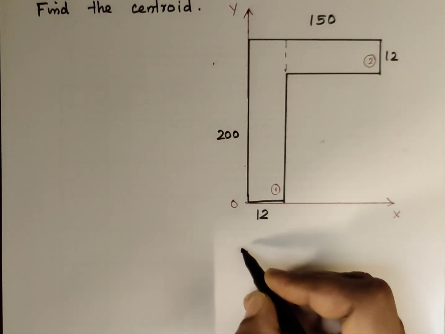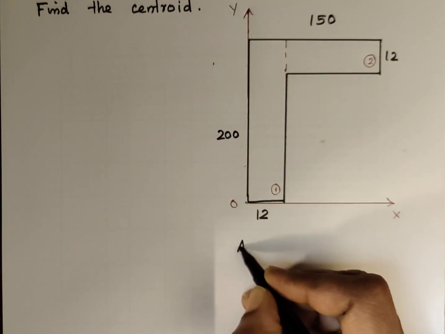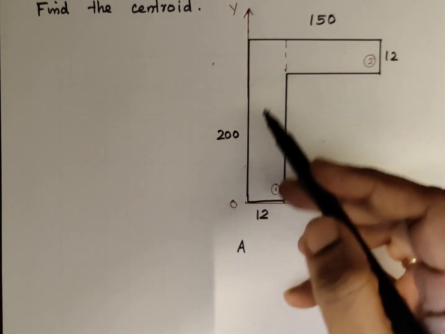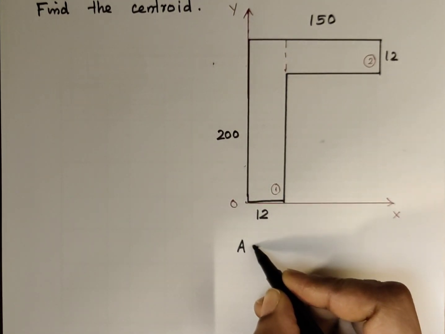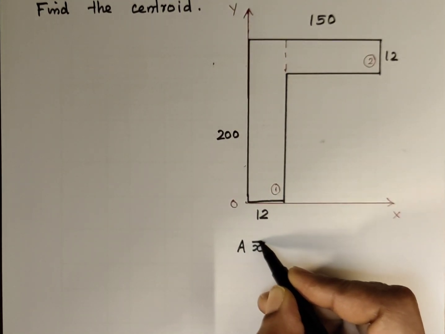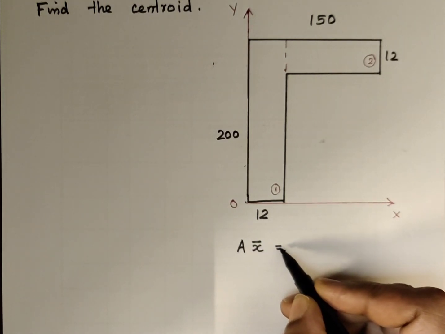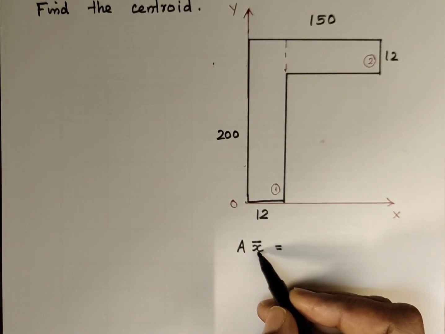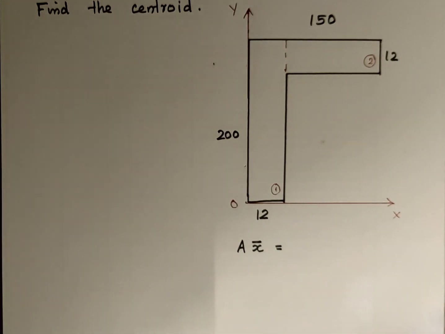Here we are going to use that principle. Capital A, the total area of this composite section, into x bar indicates the first moment of the total area.